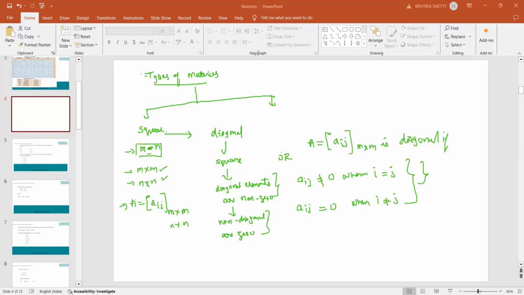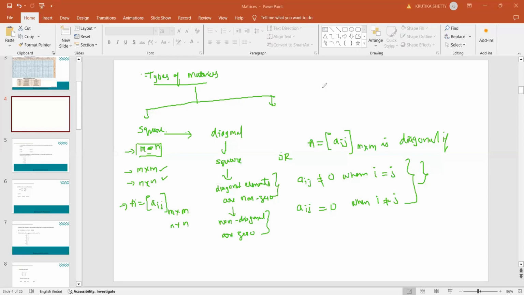Next, we will be discussing the scalar matrix. Based on square matrices, we discussed the diagonal matrix. If you are not understanding the mathematical form, try to remember the verbal form.